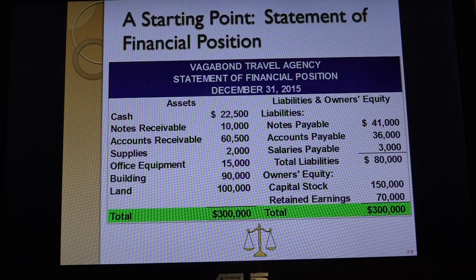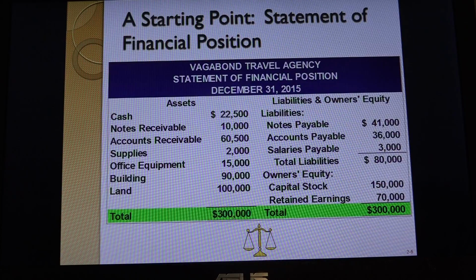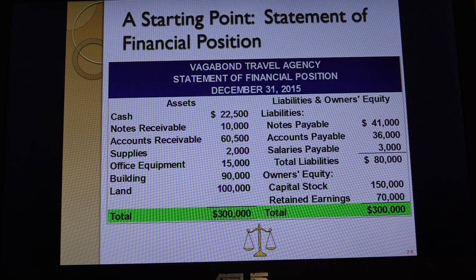The accounting equation states that assets equals liabilities plus owner's equity. So it balances. Always have to be in balance. You can never have a situation where you have less on one side than the other. They have to have the same numbers on both sides.